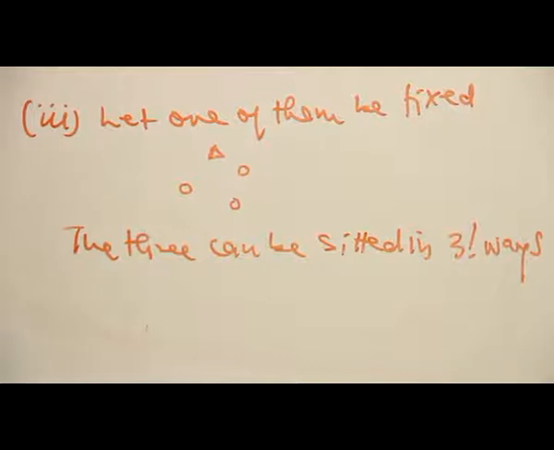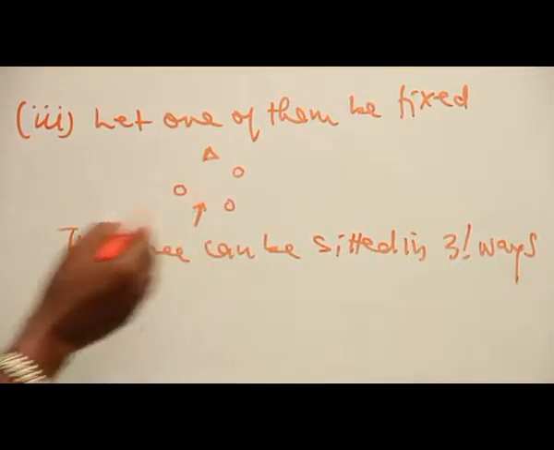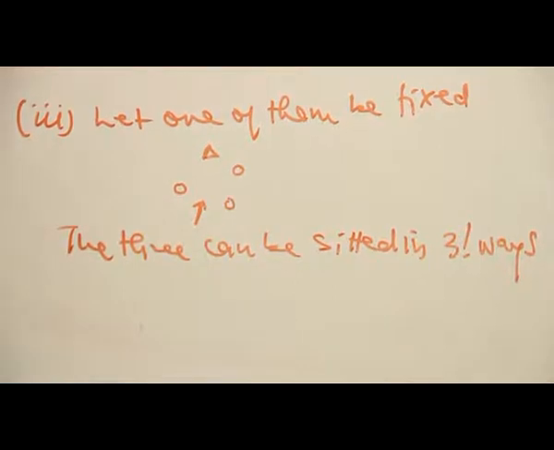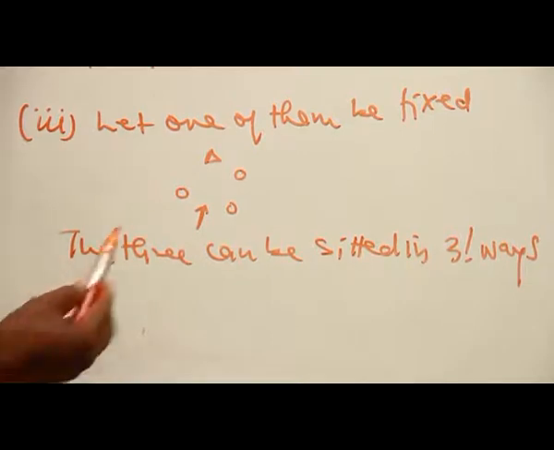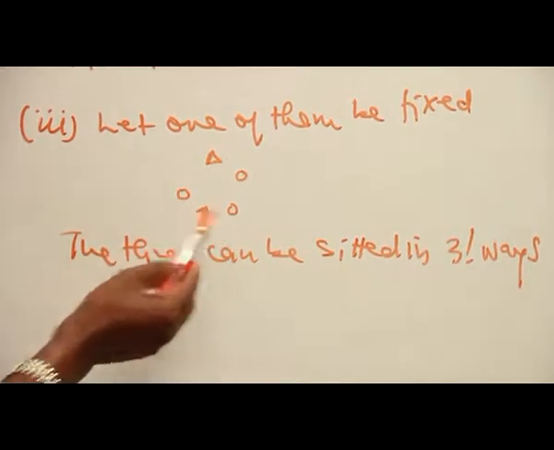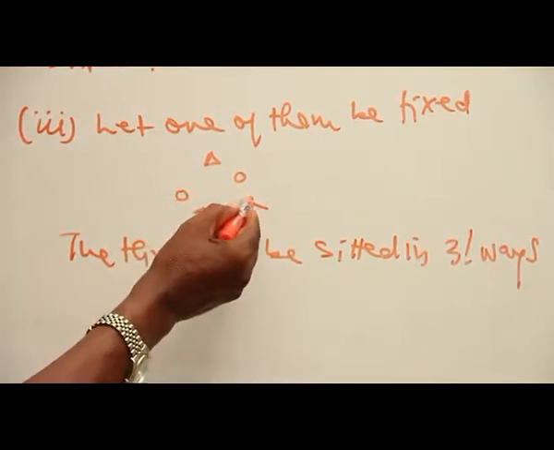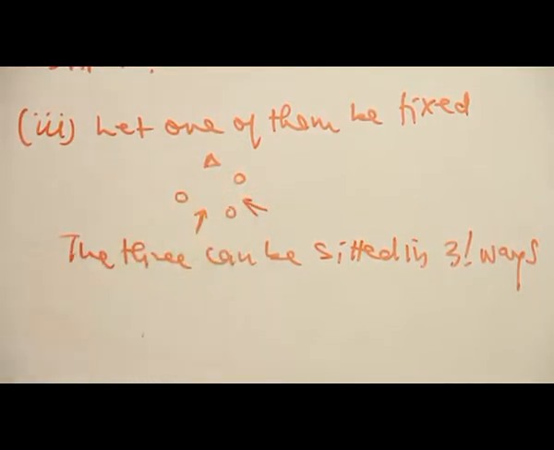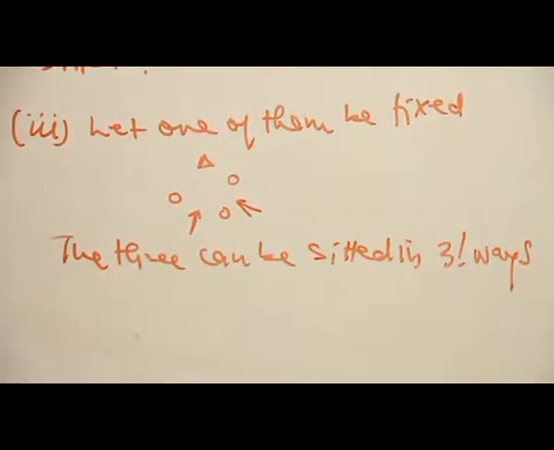Now that that is done, you discover that because the other person will not sit next to the first one, he has the option of sitting between this and this, which is the arrowhead here, or between this person and this person. So he actually has 2 possible ways of doing that.